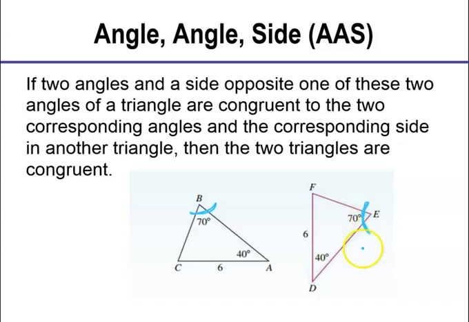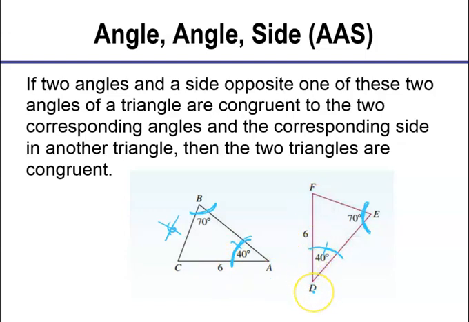And then you go on to angle A and angle D are congruent. And then you have a side. Notice the side is not between them. It's on the side associated with the 40 degrees. Now, anytime you're doing this, make sure the side you know is on the same side. So if 6 was over here, that doesn't cut it, right? The 6 length has to be next to the 40 degrees.